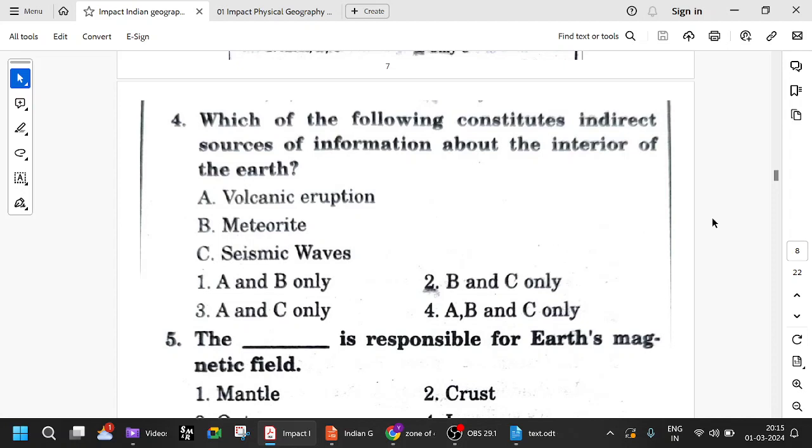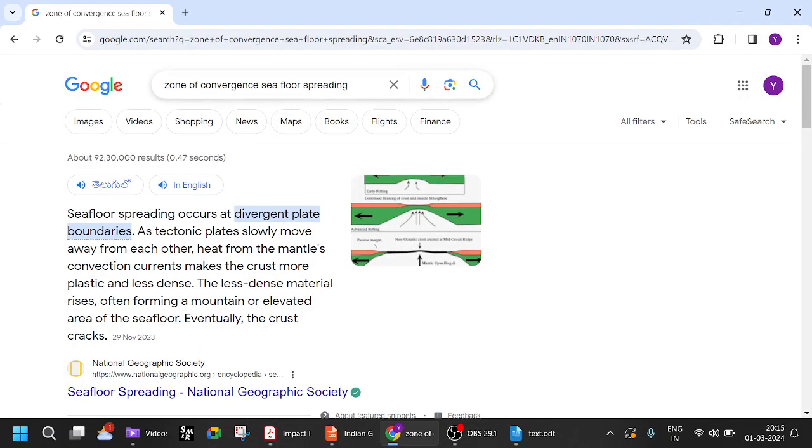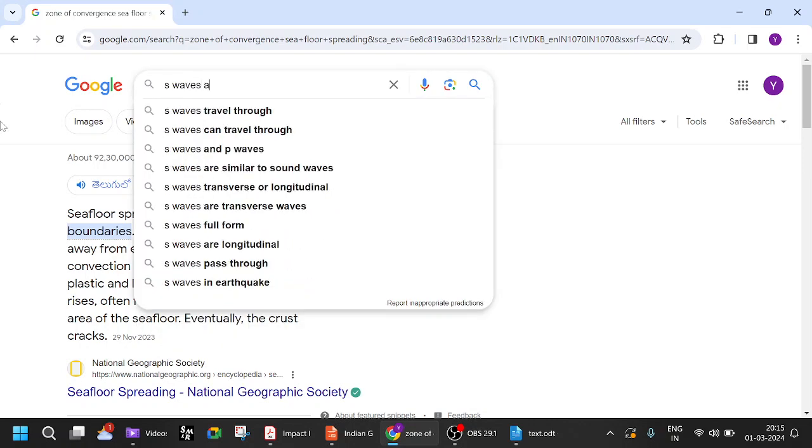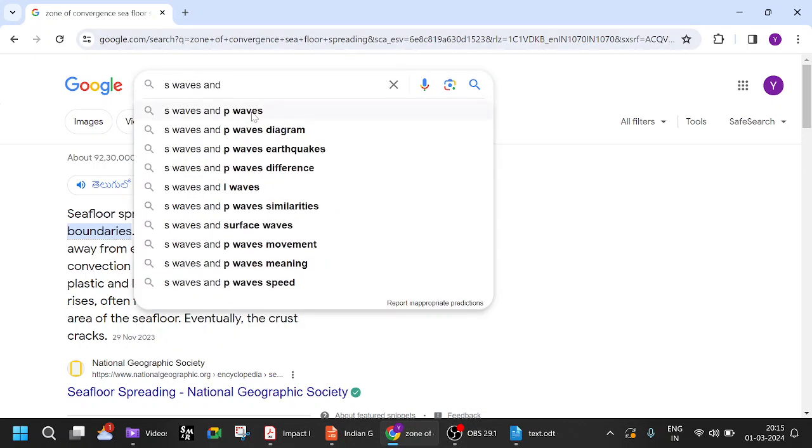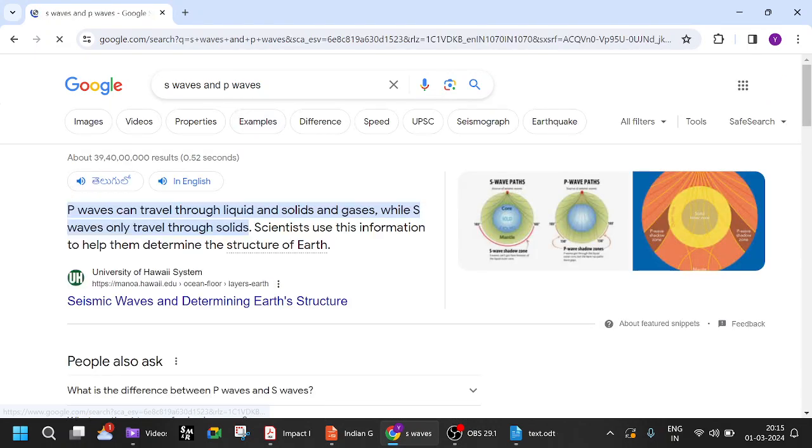So S waves will pass through solid only, while the P waves will pass through solid and liquid. Let us just quickly cross check. See, P waves can travel through liquids and solids. Yes, that's what I told, while S waves travel through only solids.